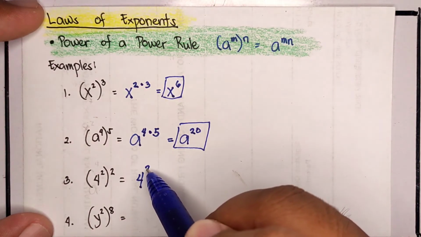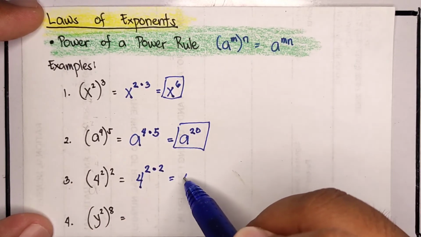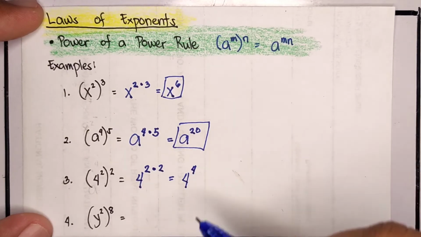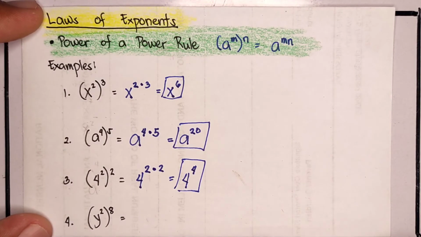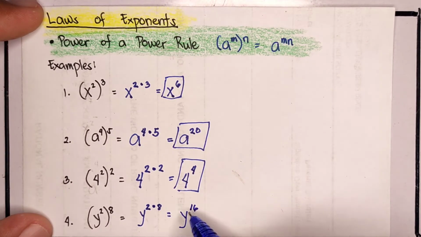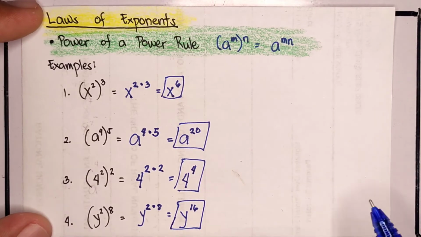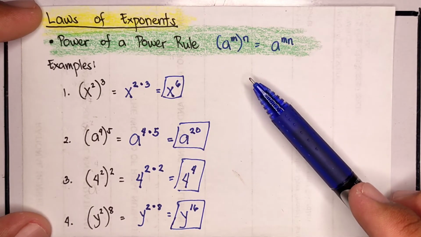Therefore, 4 raised to 2 times 2, and that is 4 raised to the power of 4. That is the power of a power rule. Then the last one, y, then you'll have here 2 times 8, and that is y raised to the power of 16. And that would be our third rule for the law of exponents, the power of a power rule.